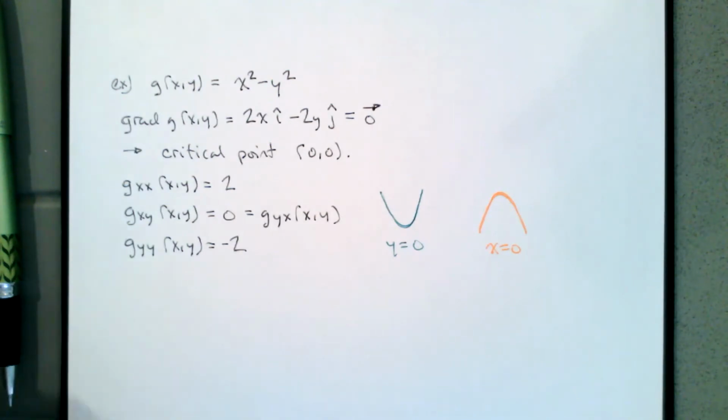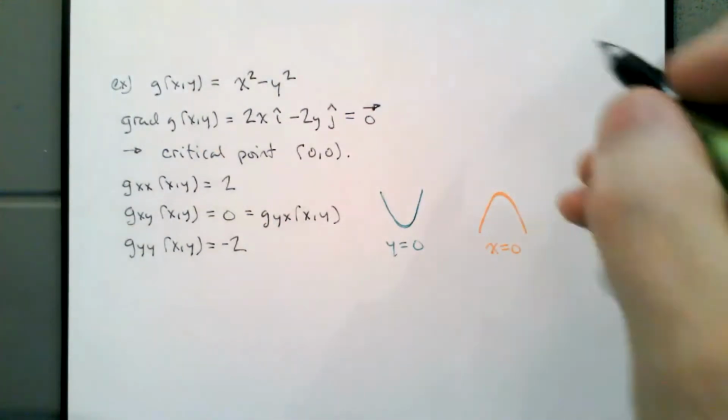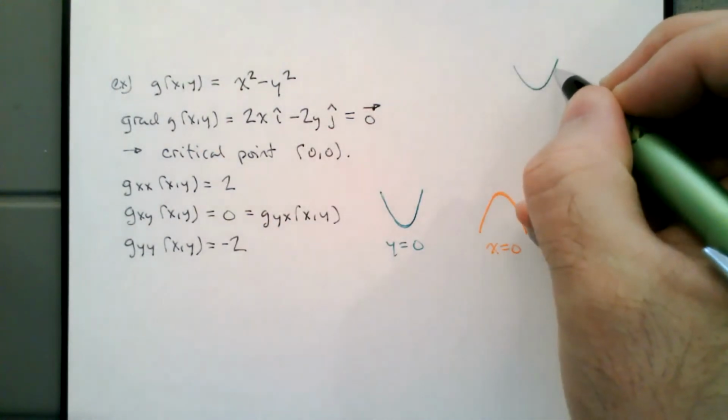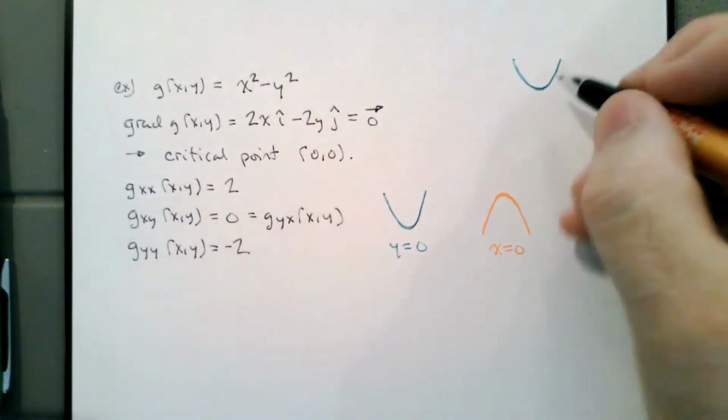So what we saw was a parabola going up in one direction and a parabola going down in the other direction.